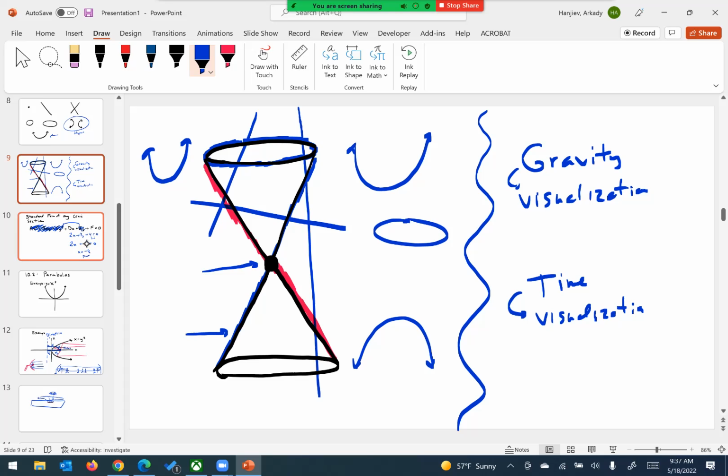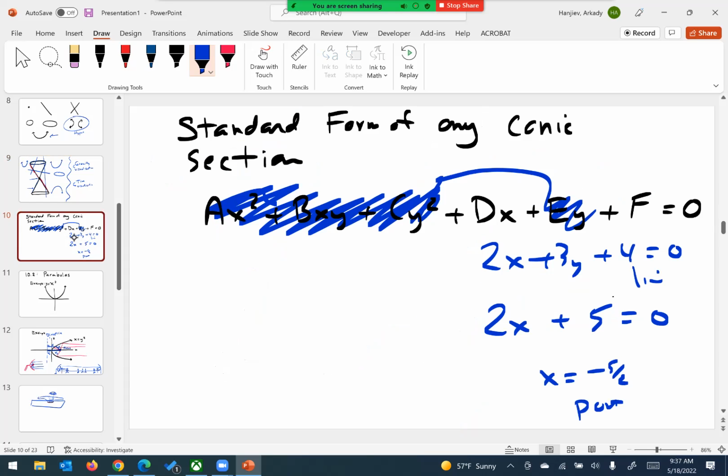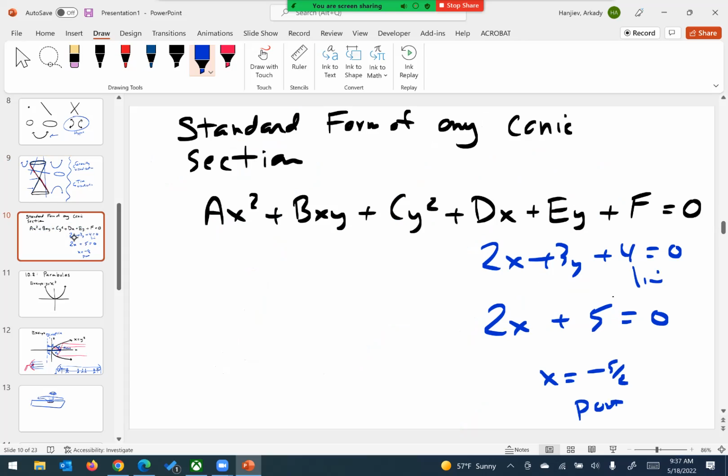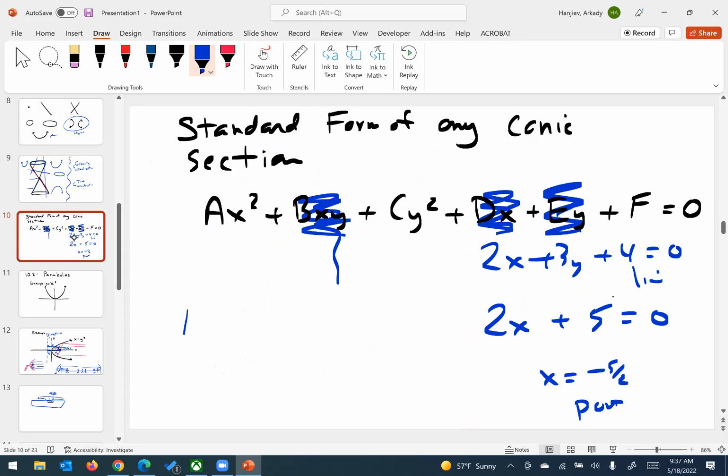And so if I do this, let's see, what can I get rid of to give me the equation of my circle? Get rid of bxy. bxy goes away, right there. So plus f.